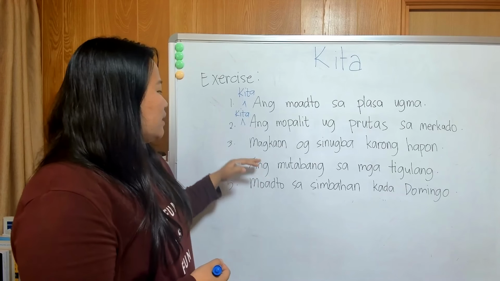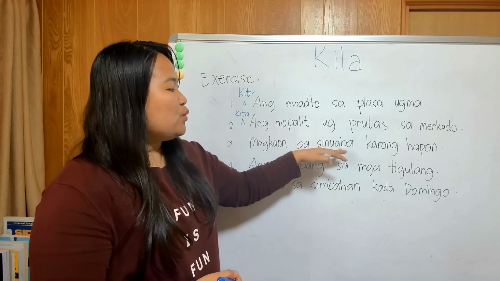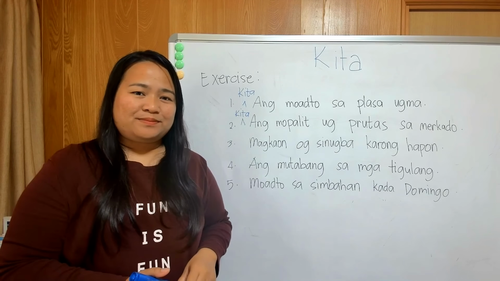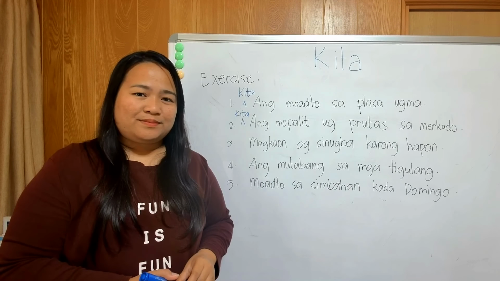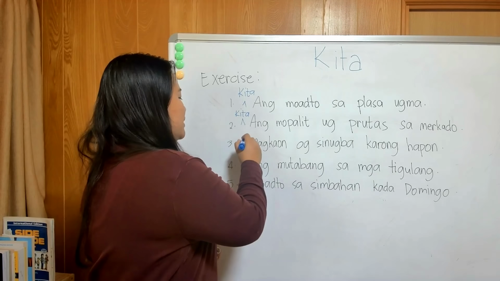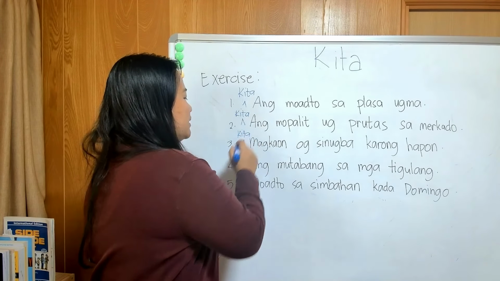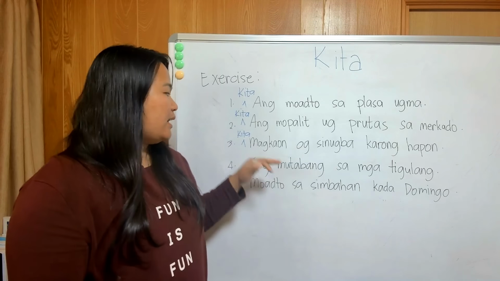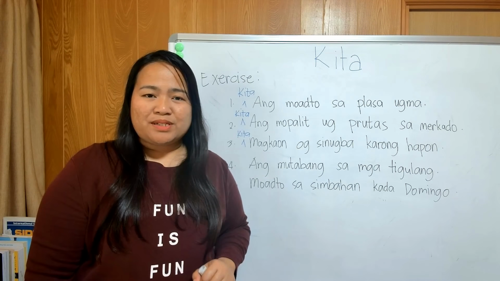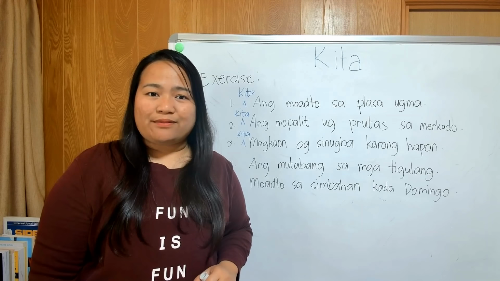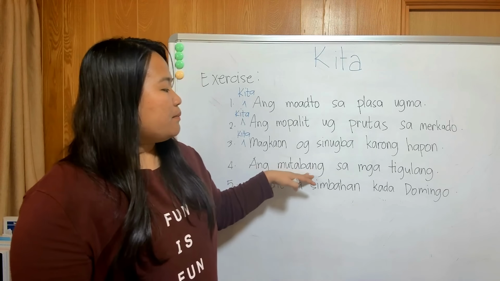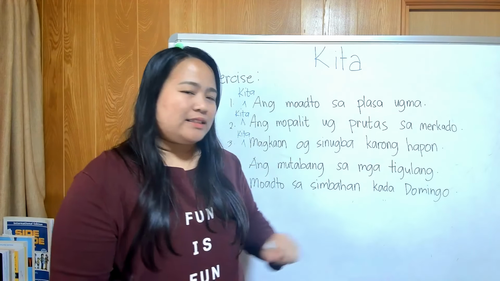Number 3. Magkaon og sinugba karong hapon. The answer is kita, at the beginning of the sentence. So kita magkaon og sinugba karong hapon. It means we will eat grilled food this afternoon. Number 4. Ang mutabang sa mga tigulang.